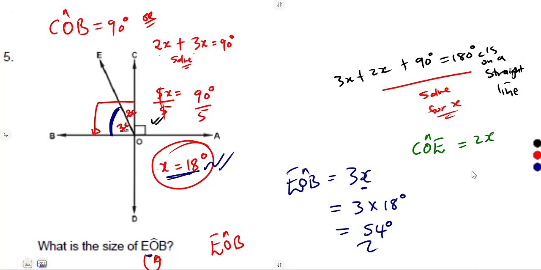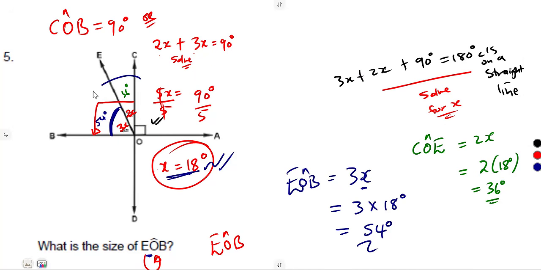So as a numerical value, you must substitute the value of x that you are given, which is 18. And that is going to give us 36 degrees. So we have got 36 degrees and 54 degrees for EOB, which if we add these two, we must obtain 90 degrees as mentioned before.